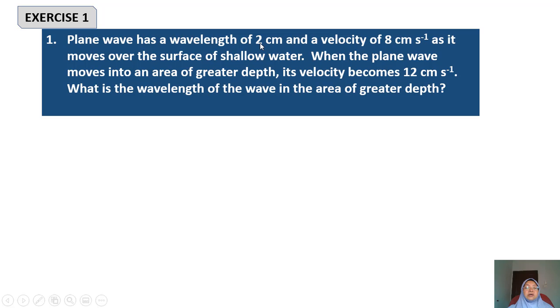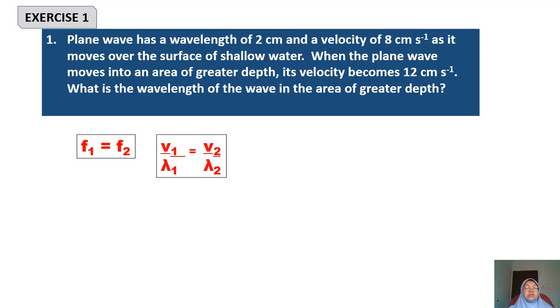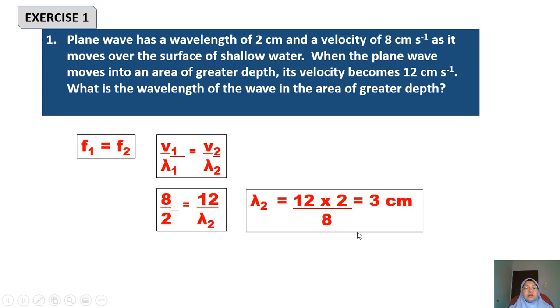We have lambda 1 is 2 cm in the shallow region, V1 is 8 cm per second. Now go to the deep: lambda 2 we have to find, given that V2 is 12. Use the formula, put in all the data given, and we calculate that lambda 2 equals 3 cm.